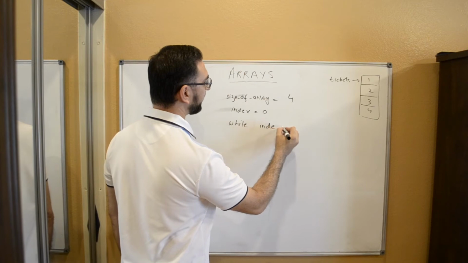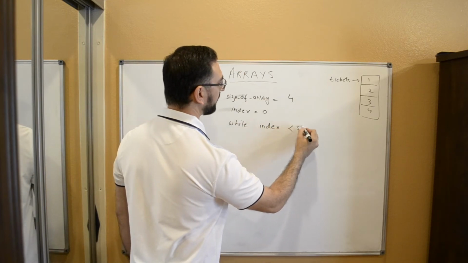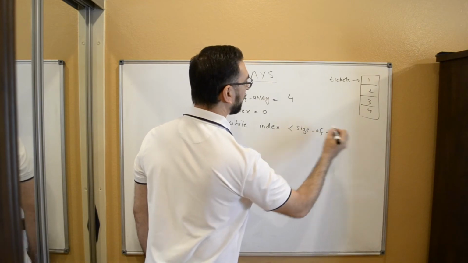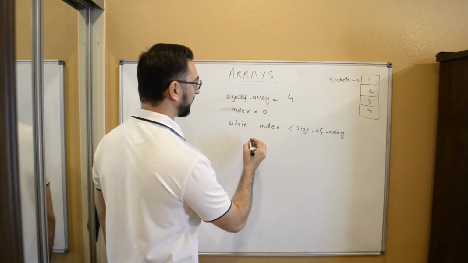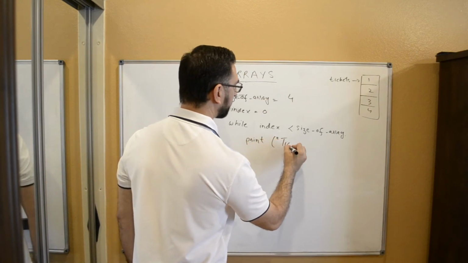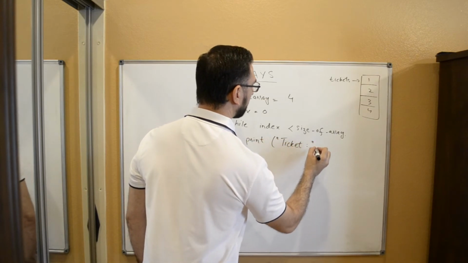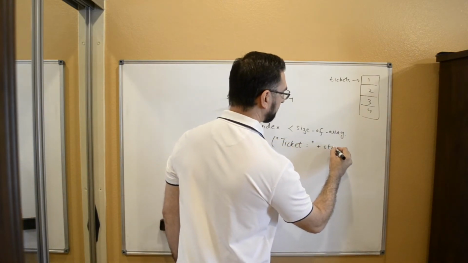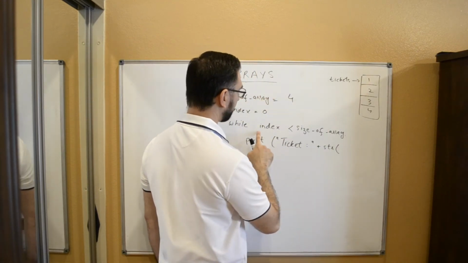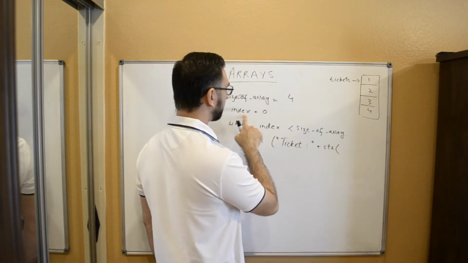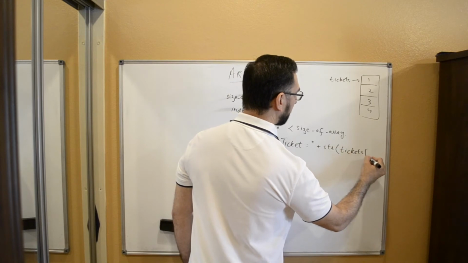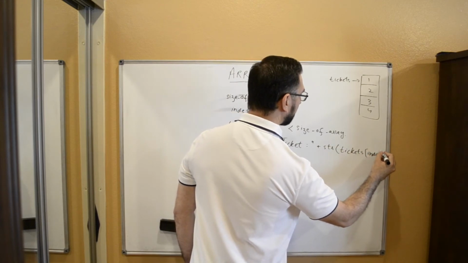We can say if index is less than size of array, as long as the index is less than size of array, we can print the ticket, and we have to access this ticket number using the index. So currently, since we start at index 0, we can say tickets array and referenced by index.